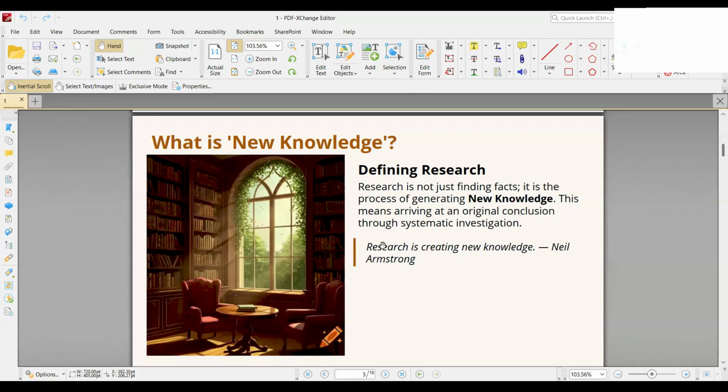And also we can say that research is a useful investigation or enquiry, especially through search for new facts in any branch of knowledge.